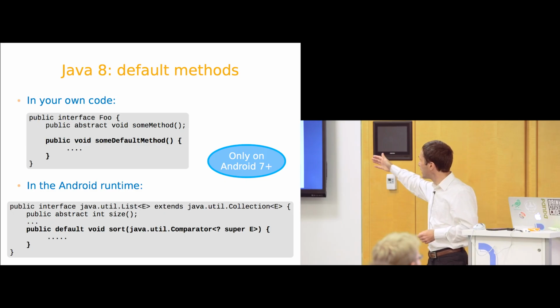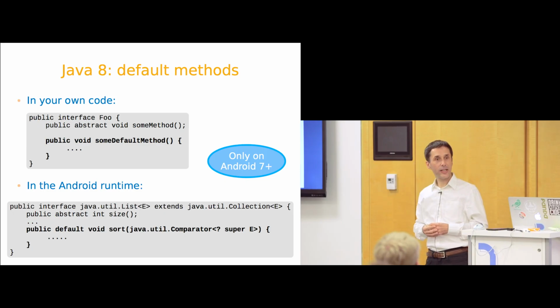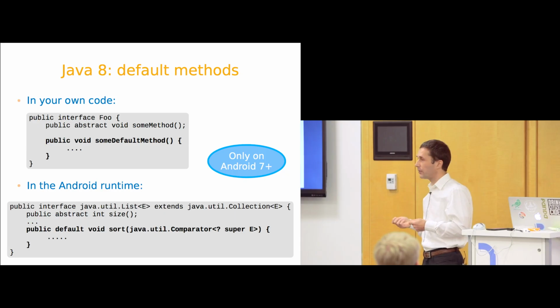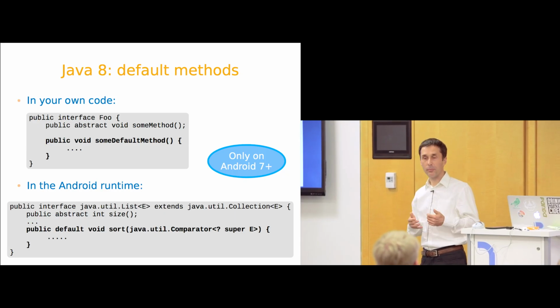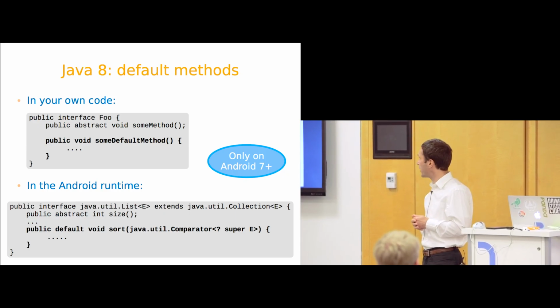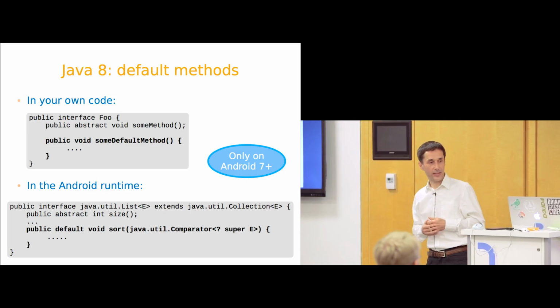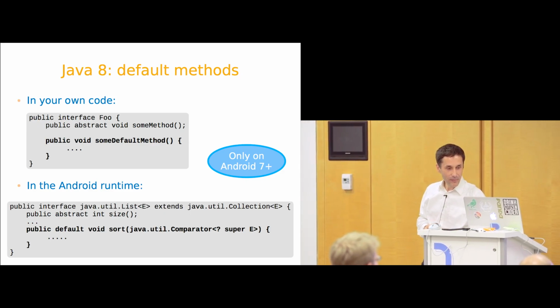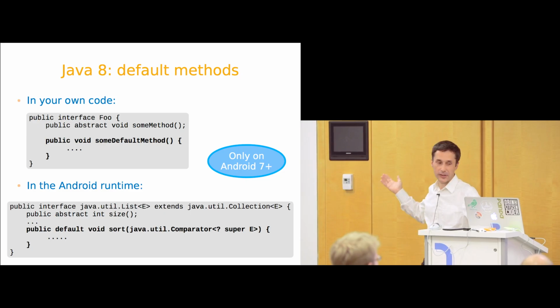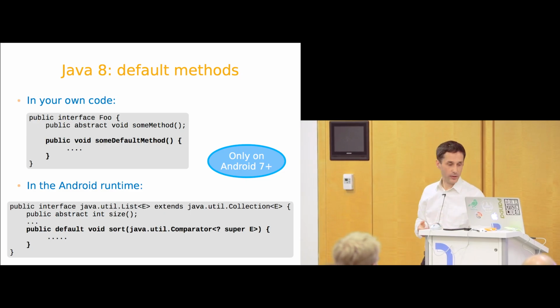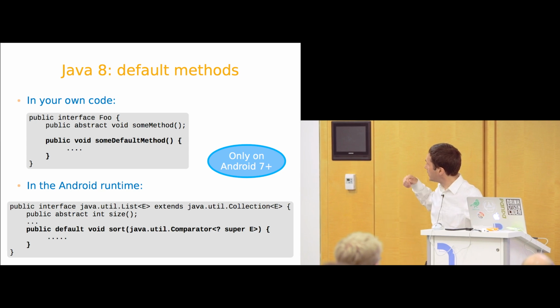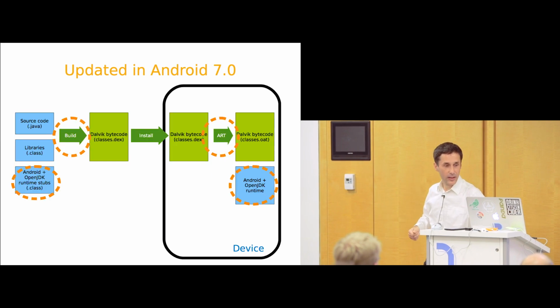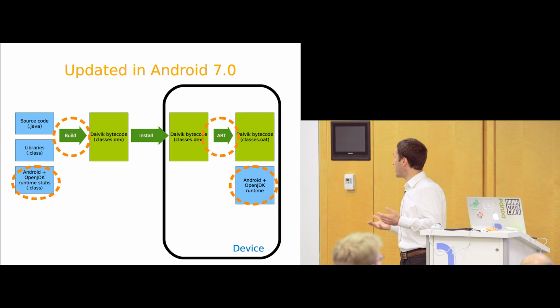And on the other hand, in the Android runtime, there has to be support for various default methods that you'd like to use, and that is only present in Android 7. But in Android 7, you can also make use of the other features that these default methods support, like the streaming API.